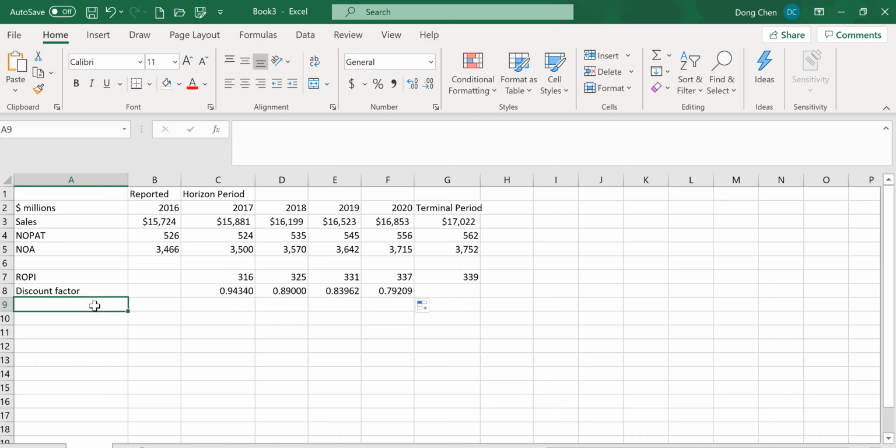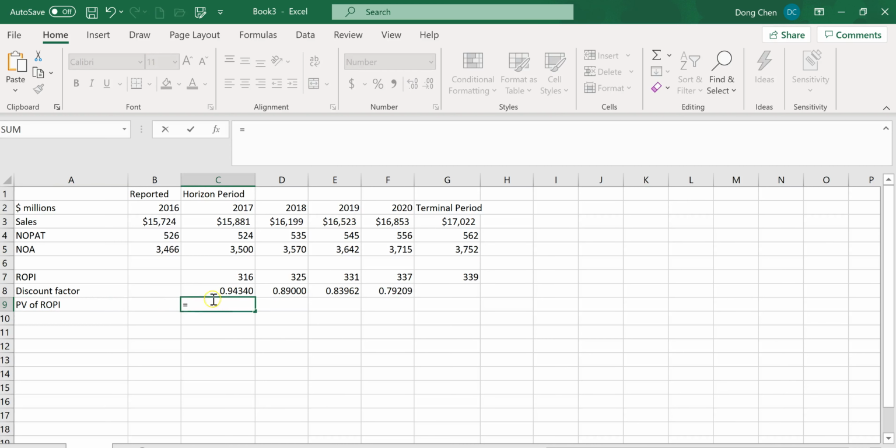So after that, I can just get the present value of ROPI, right? By multiplying the ROPI by the discount factor. For this, I also need to round to the whole dollar.